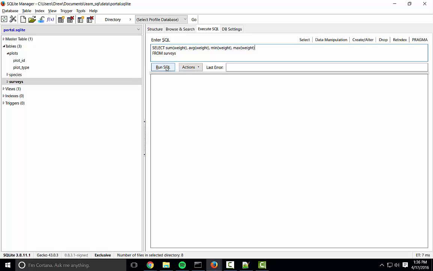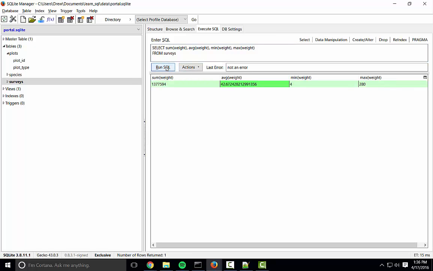That's pretty easy, if it works, of course. There we go. So they range from 4 grams up to 280 grams, with an average of about 43 grams.